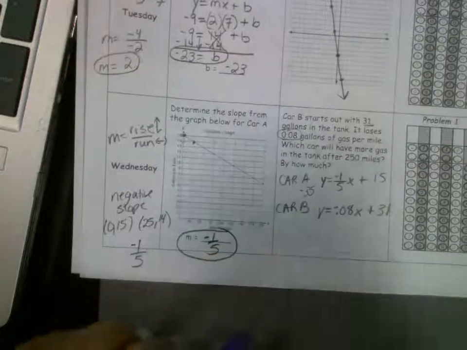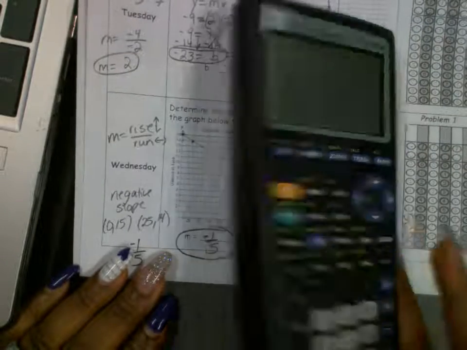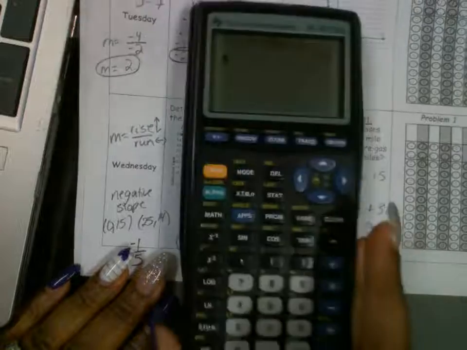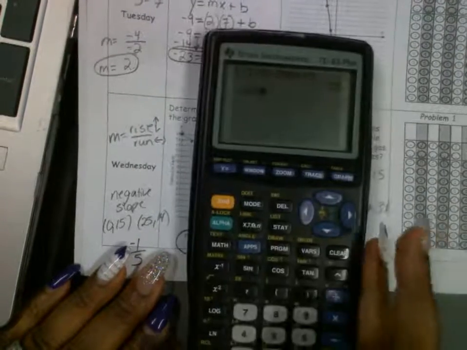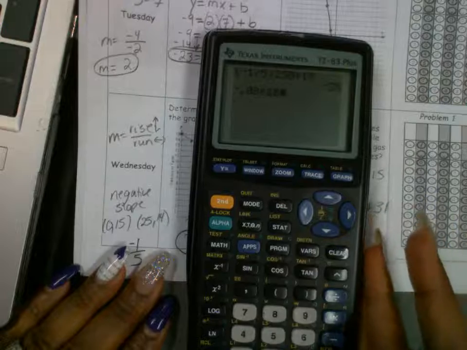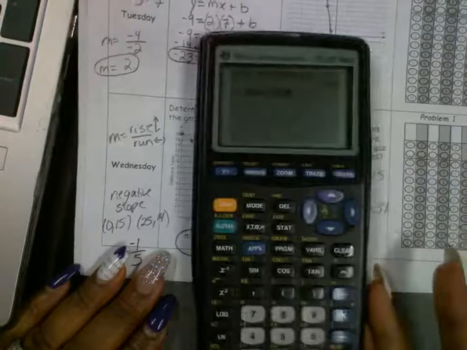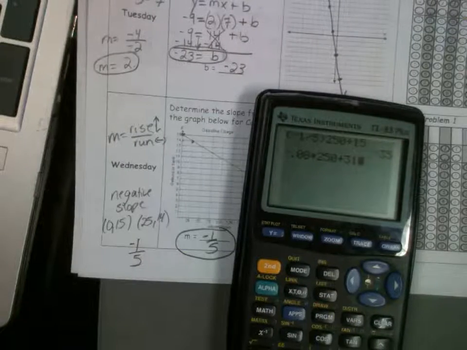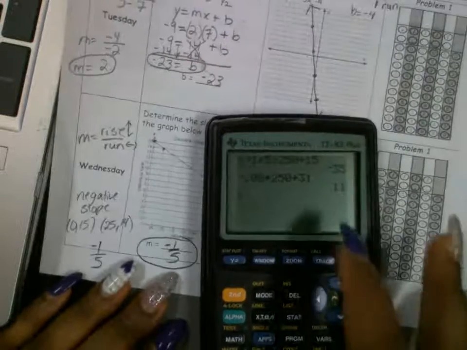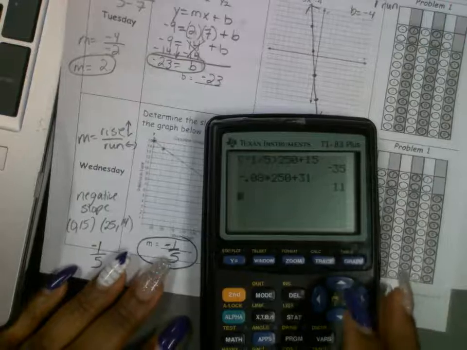And let's look at this one. -0.08, this time times 250, plus 31. Here is 11.